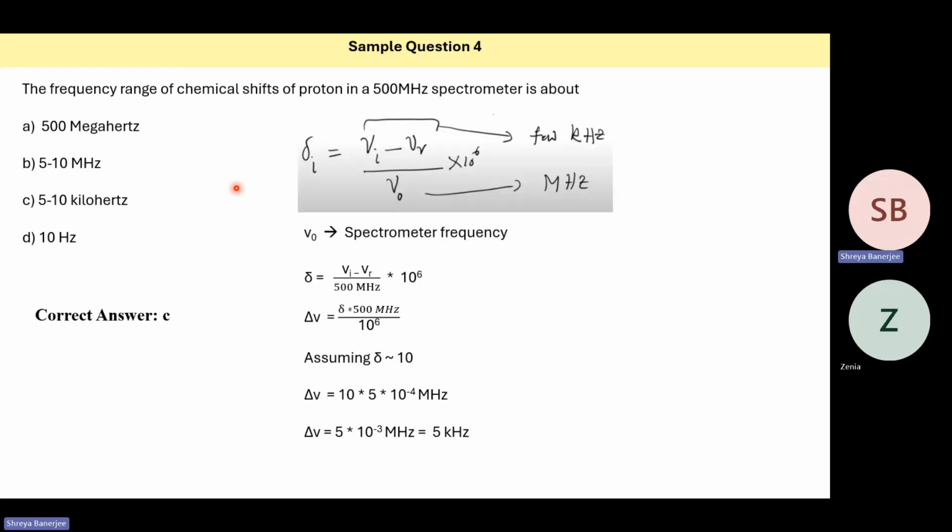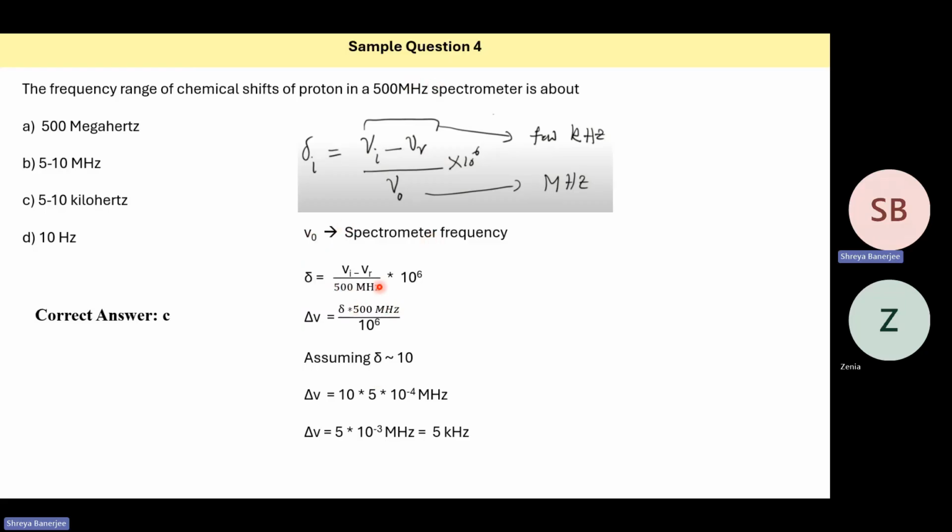So here, for the answer, you have to remember the formula of the chemical shift, that is nu I, the frequency of the nucleus we are observing, minus nu r, which is the reference frequency, by nu zero, the spectrometer frequency. So we know the spectrometer frequency nu zero is 500 megahertz.